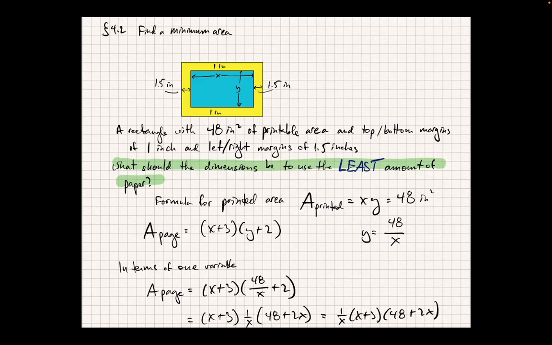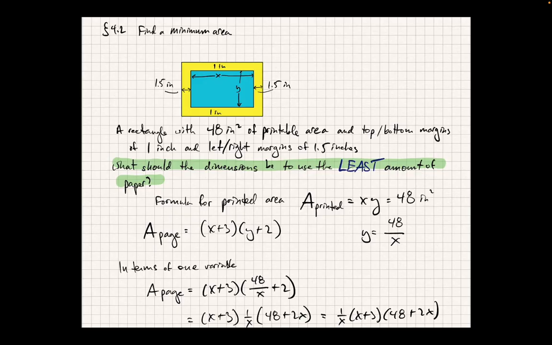Wouldn't the least amount of paper just be with no margins? That's answering something outside of what's being asked and does not help us. So I have a piece of paper that needs left and right 1.5 inch margins, and top and bottom 1 inch margins.